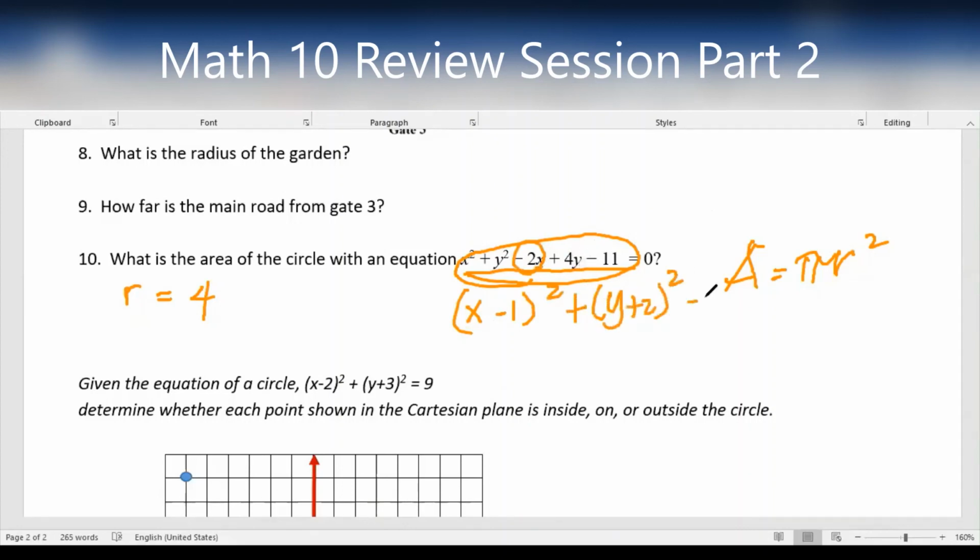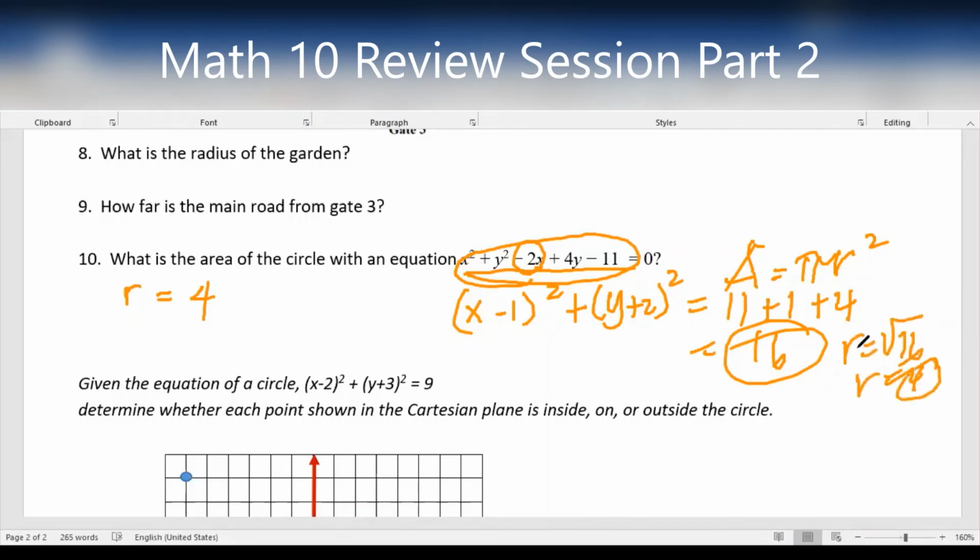Plus 2, quantity squared, ilipat si 11, 11 na yan. Plus 1 times 1, 1, plus 2 times 2, 4, 16. Ito lang, wag nang tapusin. Ito yung kailangan nyo. This is your r squared, right? Kaya to get the radius, simply get the square root.